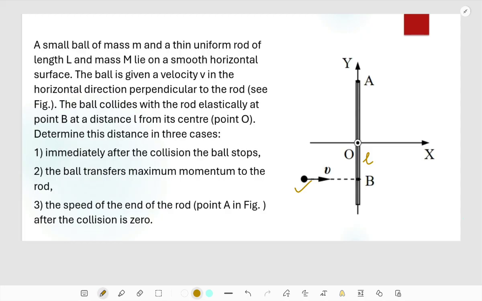So let's write down these conservation principles for the selected system of bodies for the time interval before the collision and immediately after the collision.